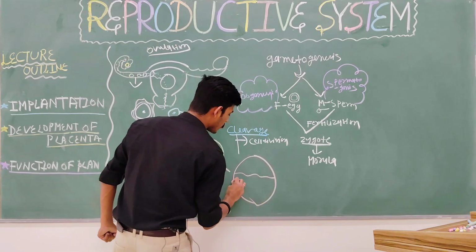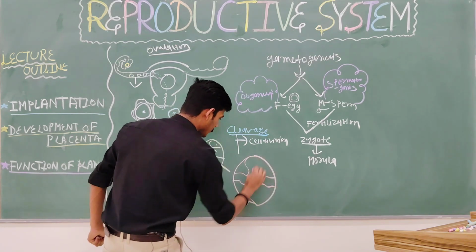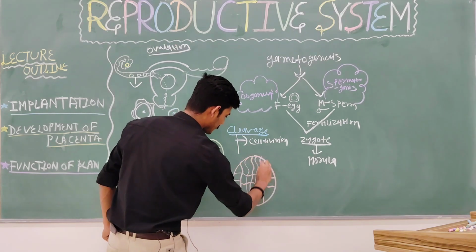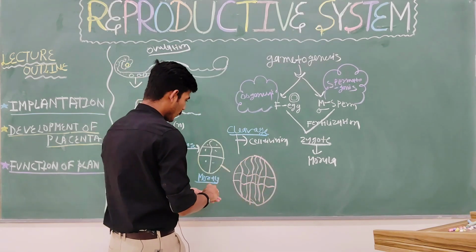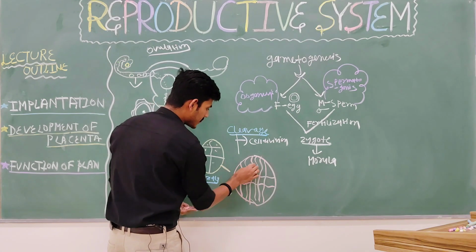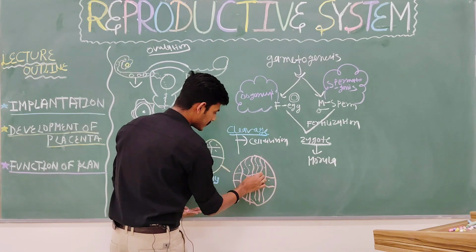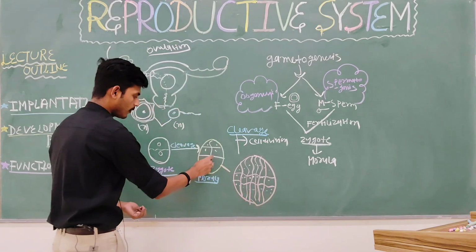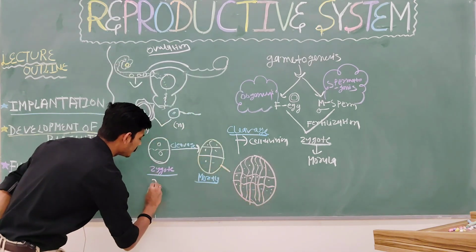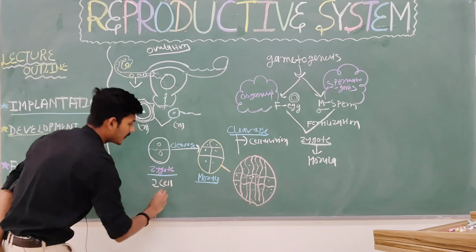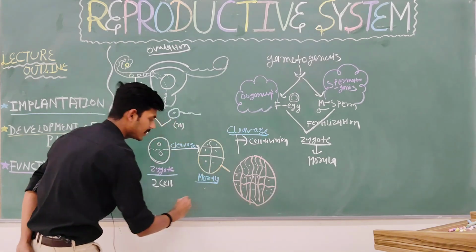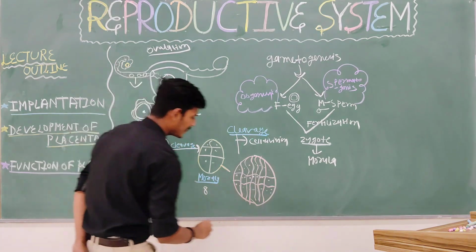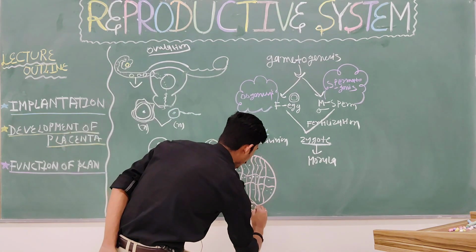the 64-cell stage. Now you are surprised. How many divisions can you make here? If you talk about the number of cells, it now has 64 cells. From the 2-cell zygote, it becomes 4-cell, then 8-cell, 16-cell, then 64 cells.